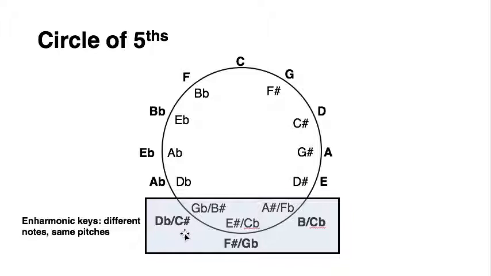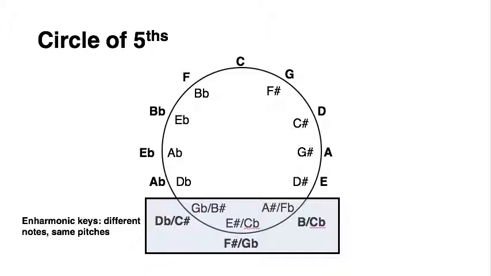Remember how we defined enharmonic? Basically, it means that they sound the same, but they would look different because they use different accidentals and different notes. That's what these keys are. This is perhaps the most terrifying part of the circle of fifths, just because there are lots of accidentals involved. But really, it's not that bad.